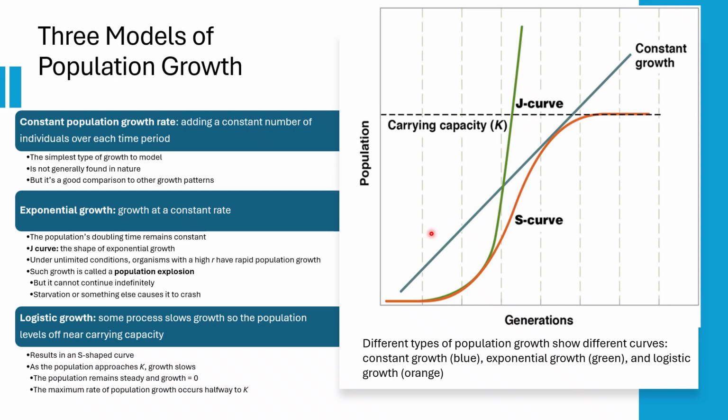In that model, you have a constant number of individuals that is added over each time period. So this number remains constant and the number of individuals increases over time. This model, however, pretty much does not exist in nature.